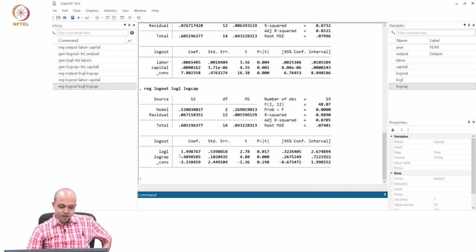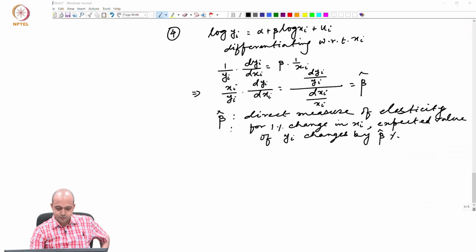So, in this case you have to say that for 1% change in labor, output changes by 1.49 percentage, and the other coefficient is 0.48.